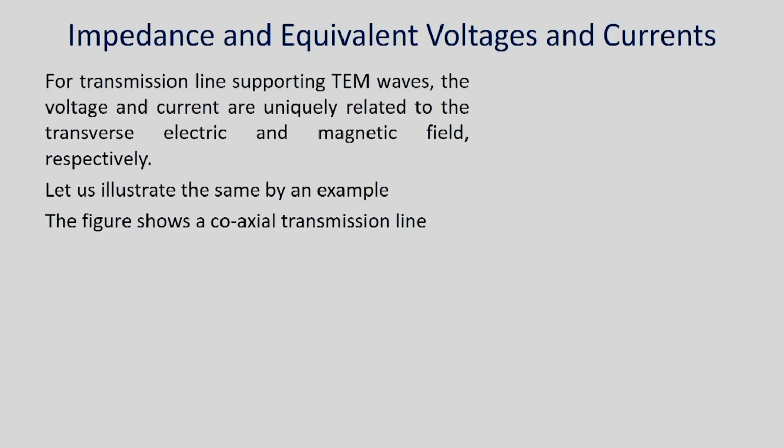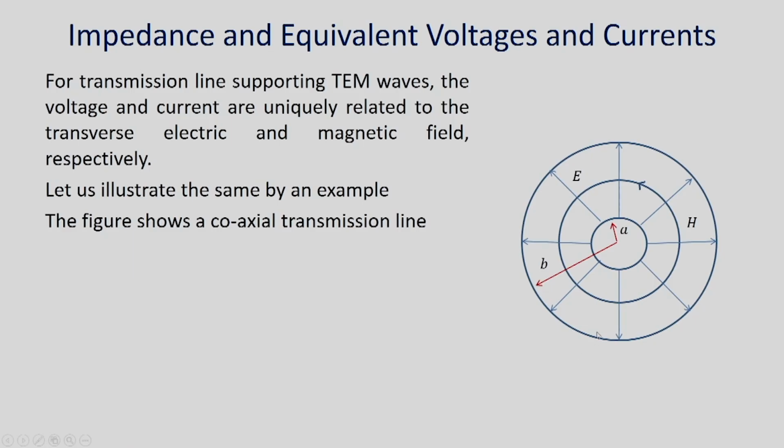We show a section of a coaxial transmission line, with inner radius a and outer radius b. The radial lines are the electric field, and the magnetic field lines are shown by this circle.